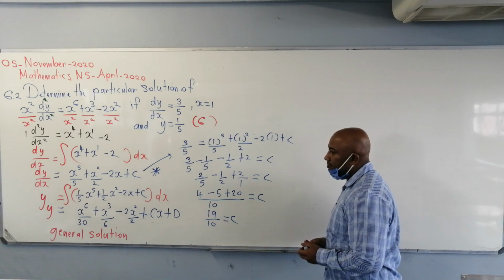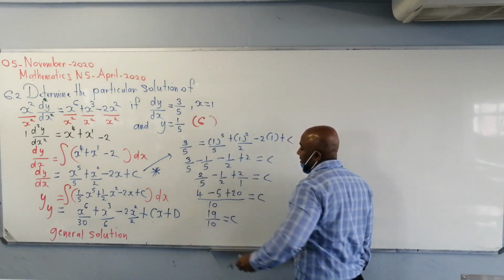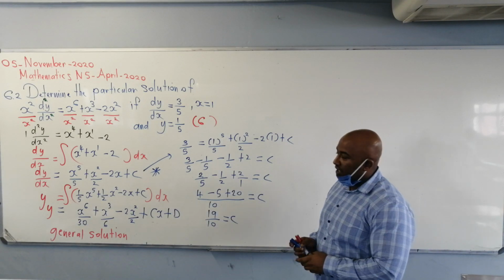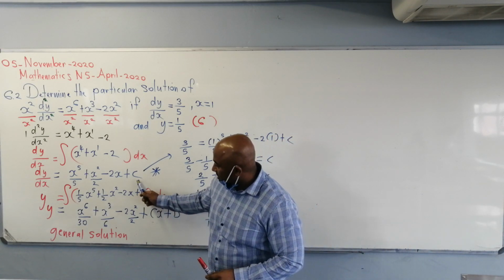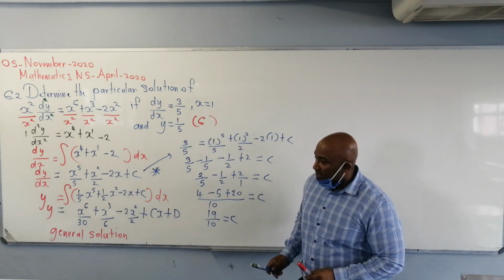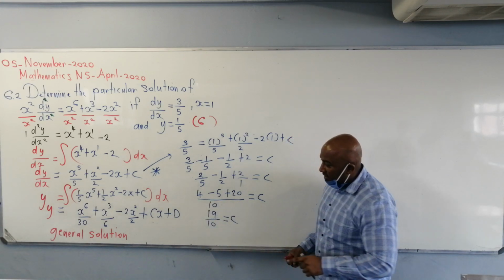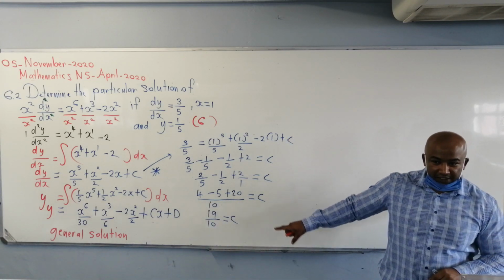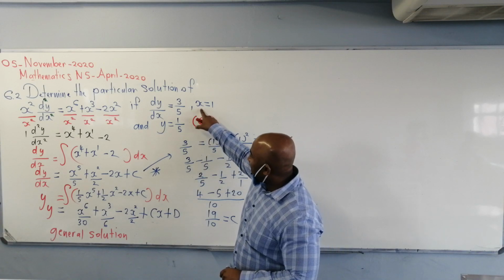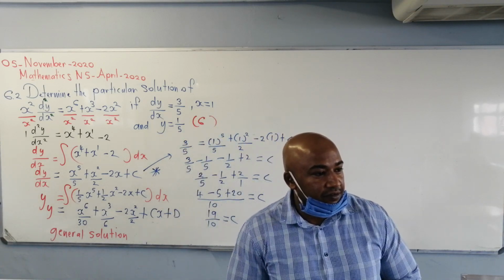Okay, now let's work out the second part there. So what did I do here? I used this equation, the first derivative, to find c. Now, I still need to find d. So, remember that when x is equal to 1, y is equal to 1 over 5.